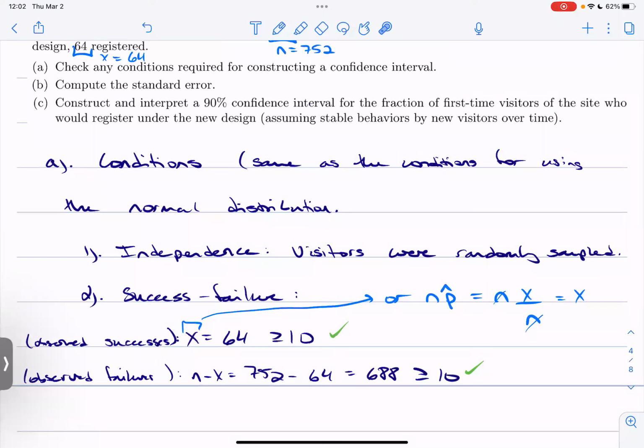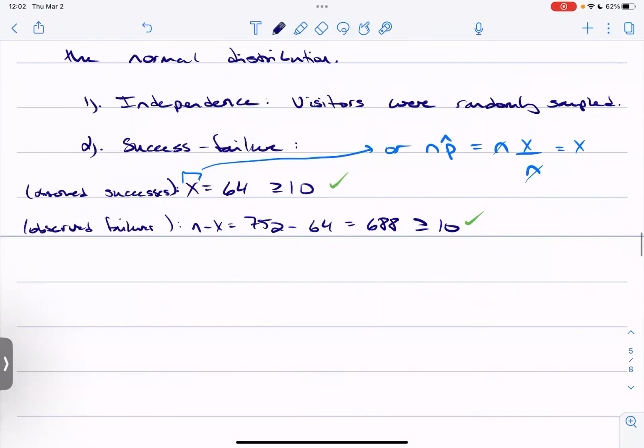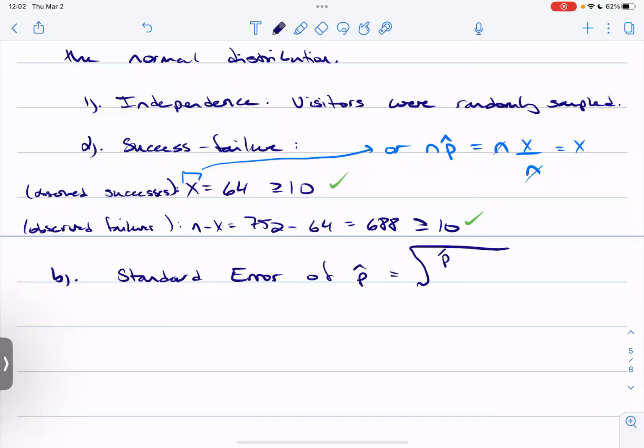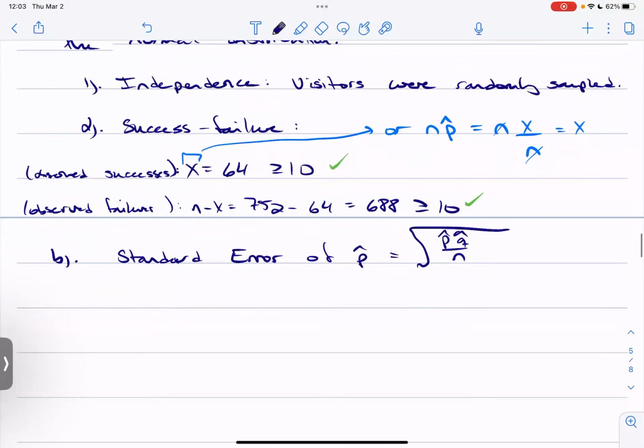Part B, we want to compute the standard error. So B, the standard error of p hat is the square root of p hat q hat over N, which means I need p hat, finally, right?